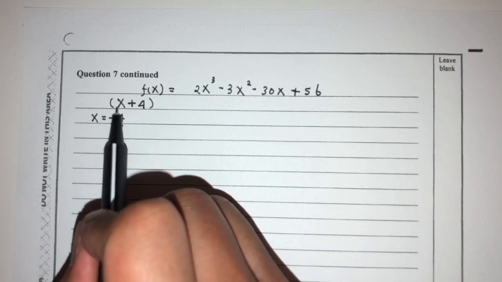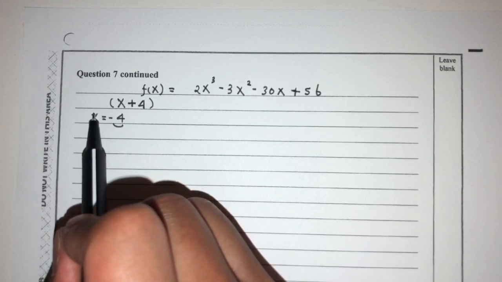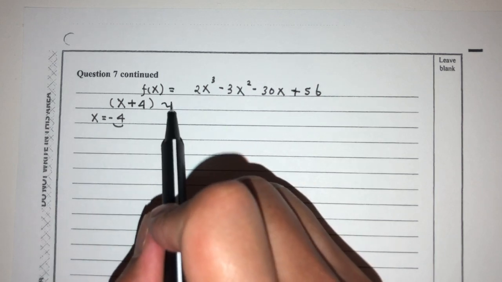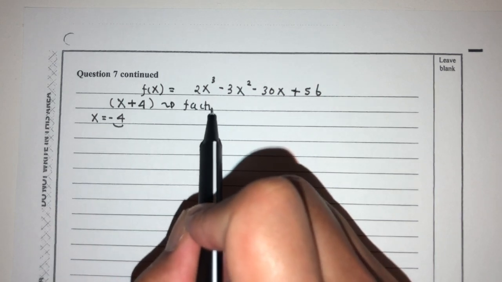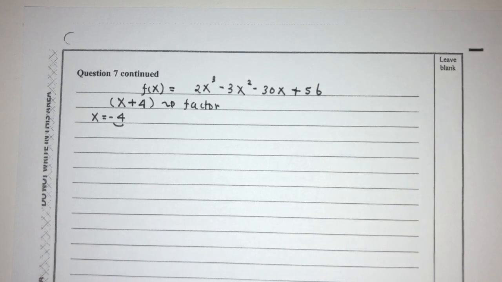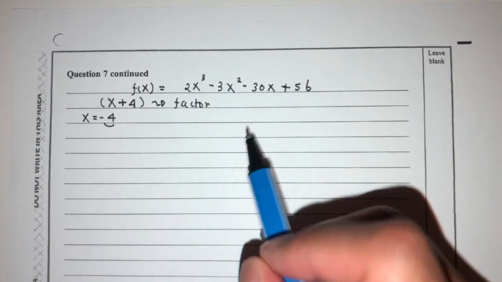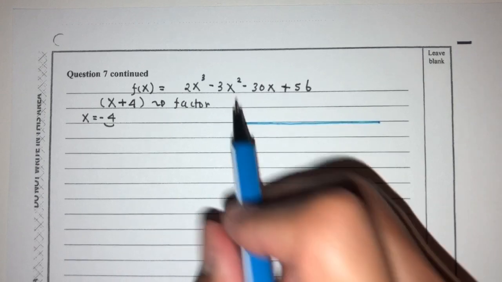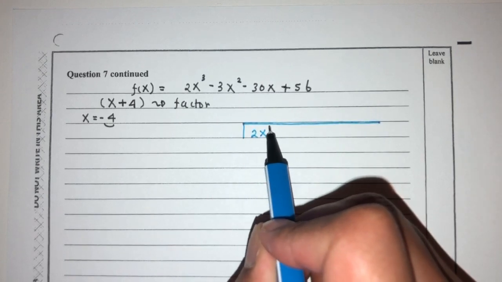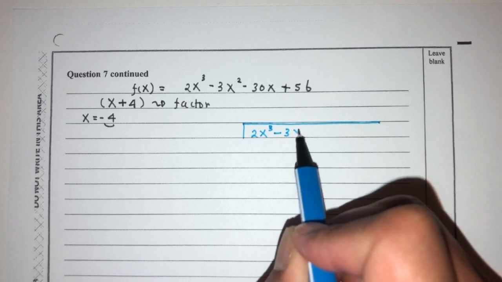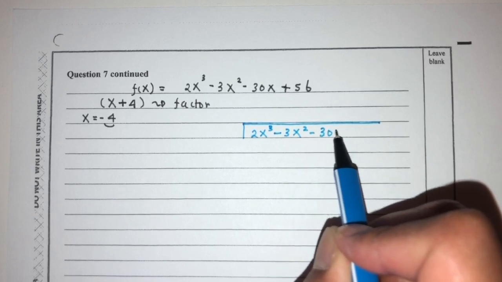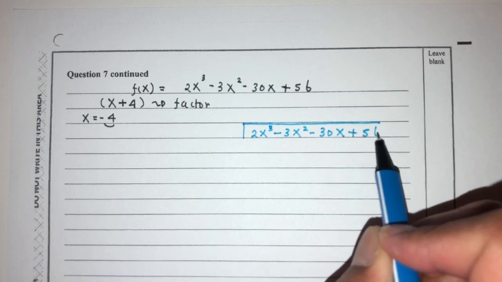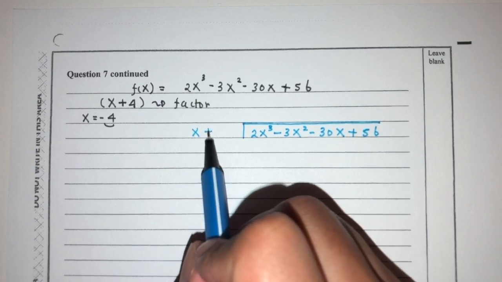When you send minus 4 over here it becomes plus 4, so x plus 4 is a factor of that function. To find the other factors, we have to perform long division. So here we have 2x cubed minus 3x squared minus 30x plus 56, divided by x plus 4.